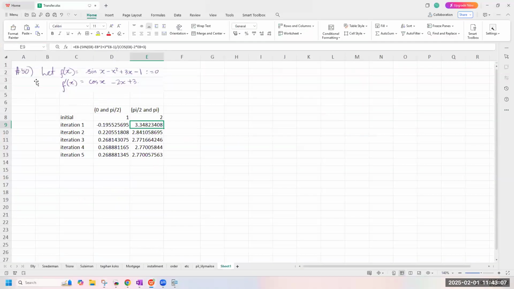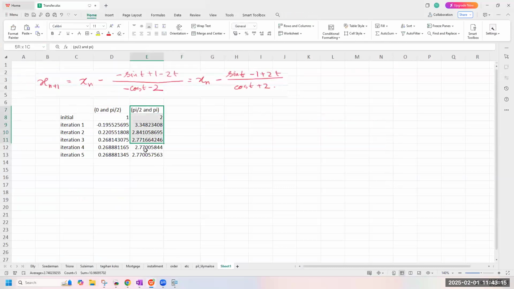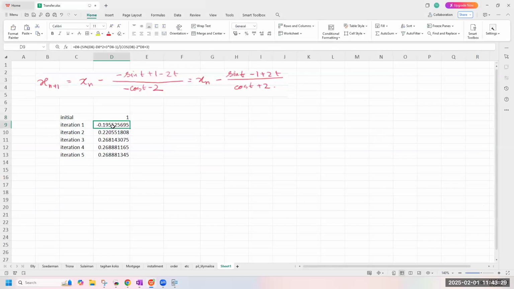Bring to my Excel. Cancel this one. Move this one up. And I don't need this anymore. I need to fix this. So what is the number that we can use again? It's between 0 and pi over 2. Yeah, 1 is a good candidate, but I need to fix the function though.